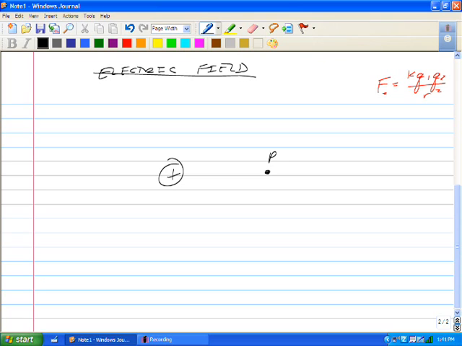And so to describe that electric field, we're going to use what are called electric field lines. And field lines are defined by the direction of the force. I could even say the net force on a positive test charge.